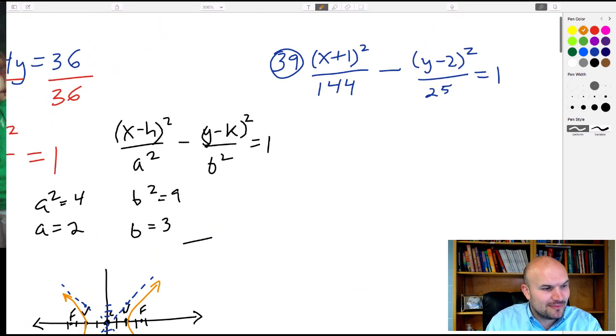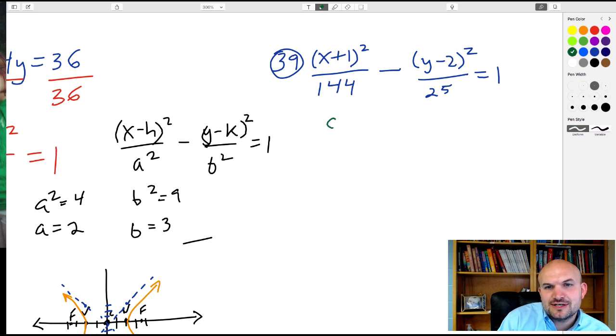So this one is a hyperbola that is not at the origin, but we can see that remember the formula here is x minus h, y minus k. So we can use this information to see that the center is going to be at -1, 2.